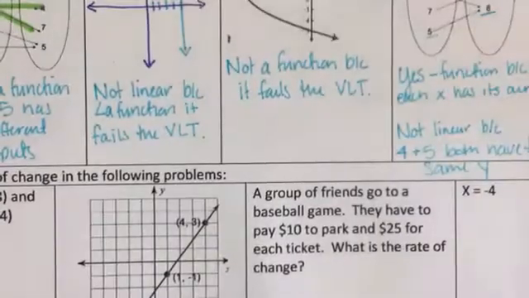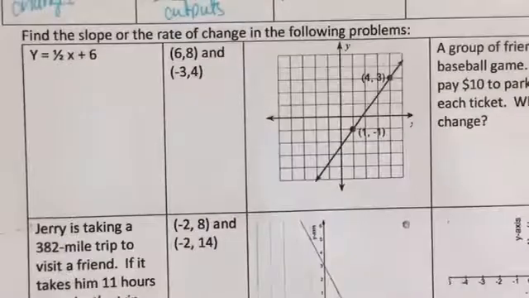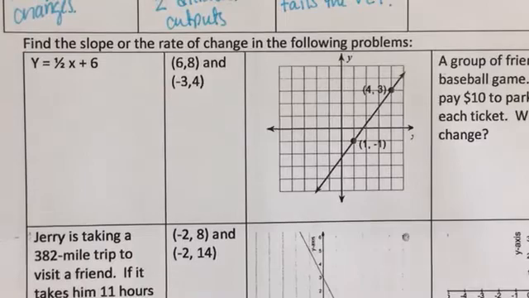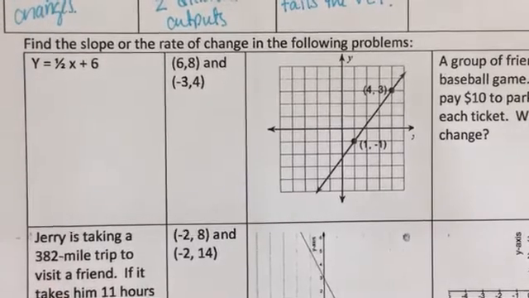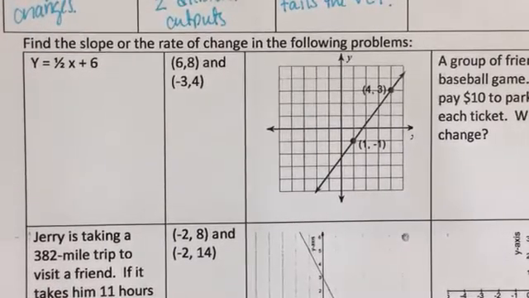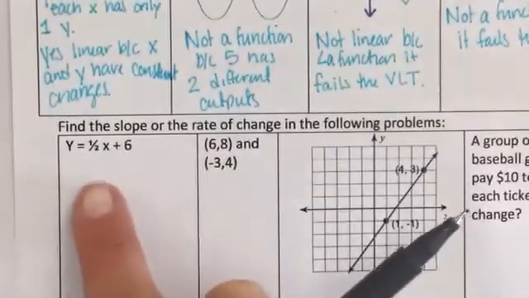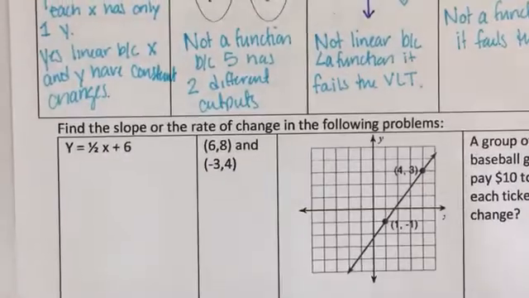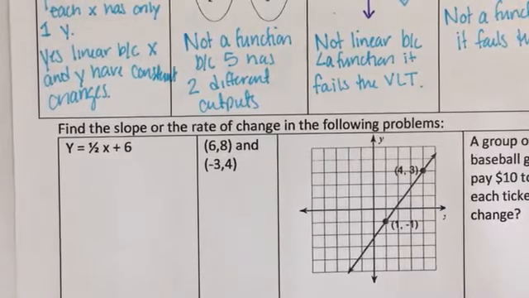Okay. So the next section we talked about is rate of change or the slope. The first one is meant to be kind of simple. What you have learned so far, you should be able to tell me what the slope of this line is without having to do anything. Okay, who's got it for me? I just want to know the slope of the line.